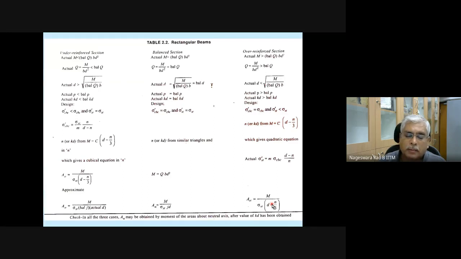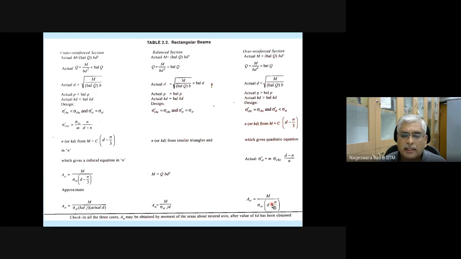All the problems are solved for the same moment carrying capacity of 150,000 Newton meter. That is what is meant by redesign. And b is maintained at 250 mm, and only depth is changed.